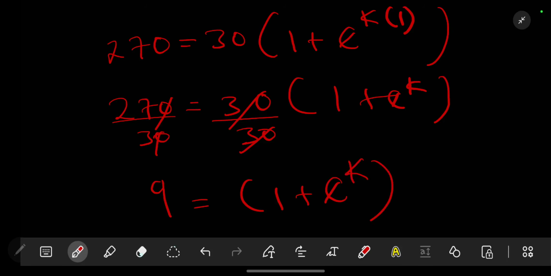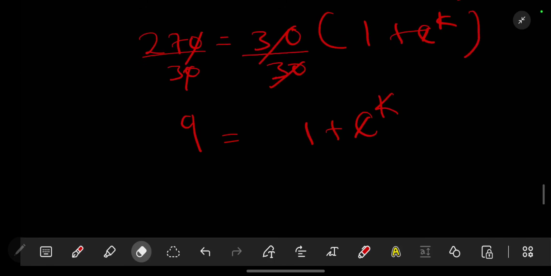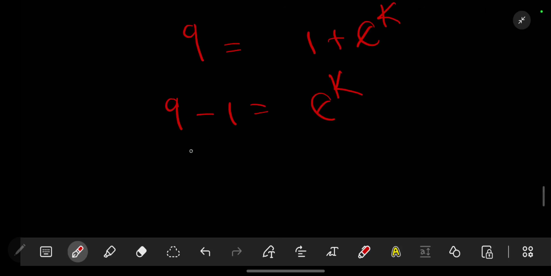So the brackets will go. Taking the 1 to the other side, 9 minus 1 is 8, which should be equal to e to the power of k.